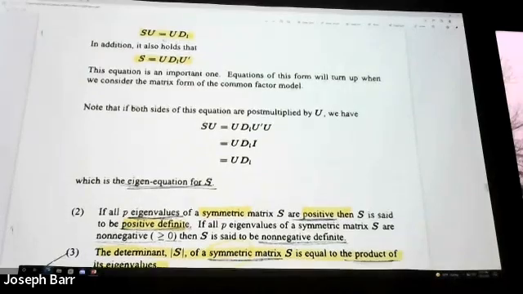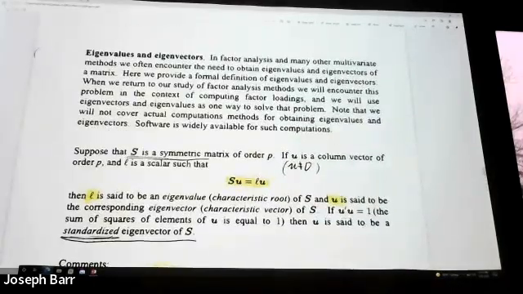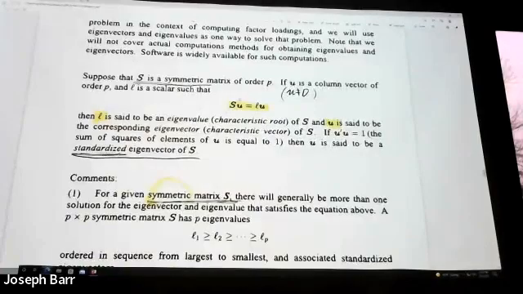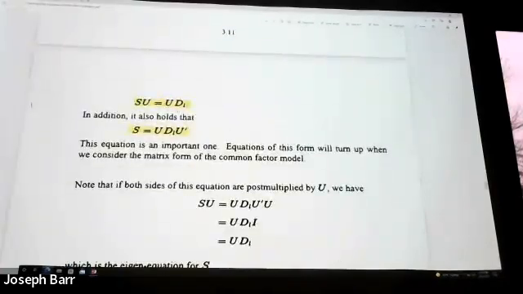Actually, this can be derived from the definition here. This is coming from here. This is for one U. But if you put all of these U's together, we just have this matrix form.